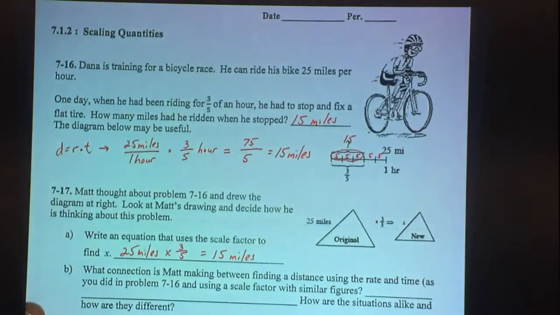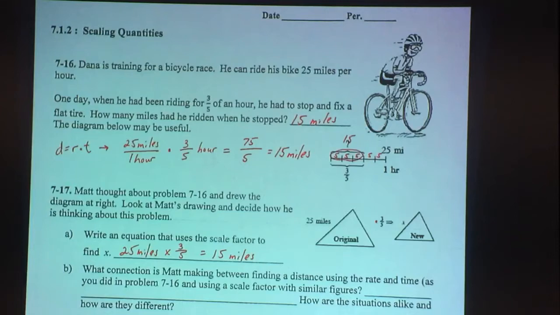What connection is Matt making between finding a distance using a rate and time, as you did in problem 16, and using a scale factor with similar figures?